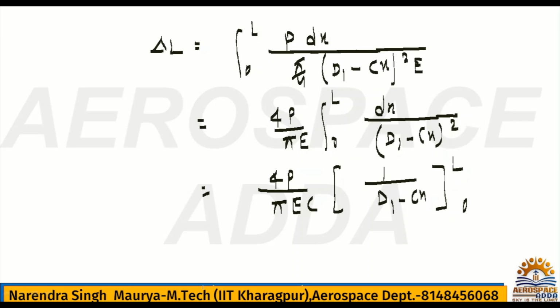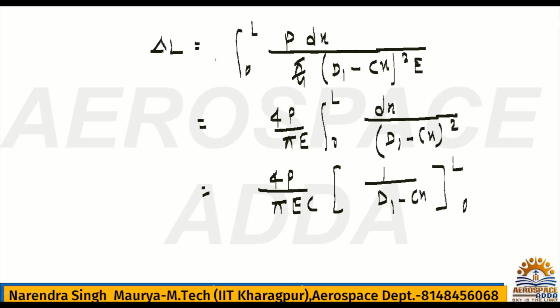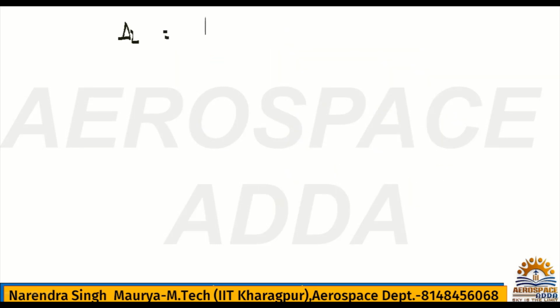So after keeping the limit, what you will get, delta L is nothing but, the constant you can take here, 4P by pi E C, and in the bracket if you keep the limit, what you will get is 1 upon d1 minus C L, minus 1 upon d1 minus C into x value, which will be 0.